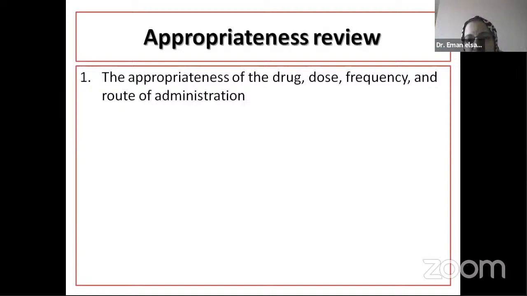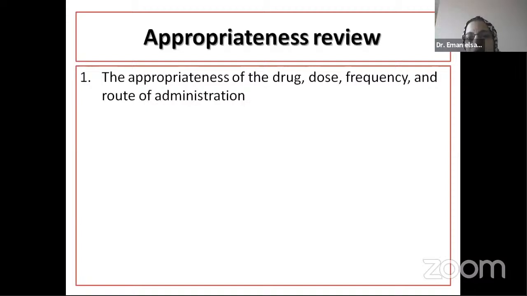The second thing, we will check the dose. Is the dose right or not? Some medications have a common or usual dose, but most medications have many dosing regimens according to the indication, according to the patient situation, according to the adjustment needed, according to the weight.